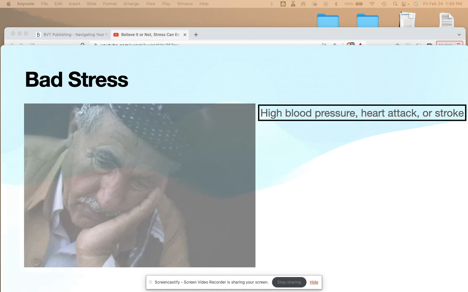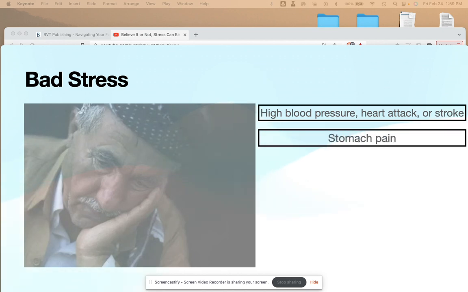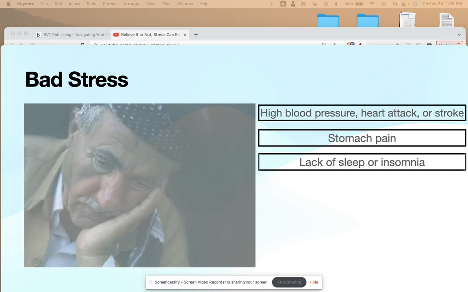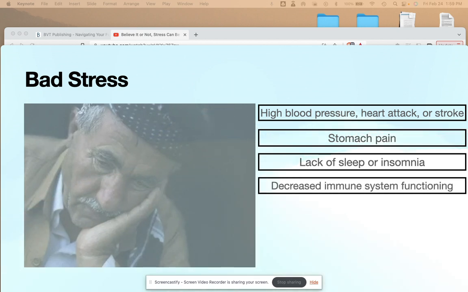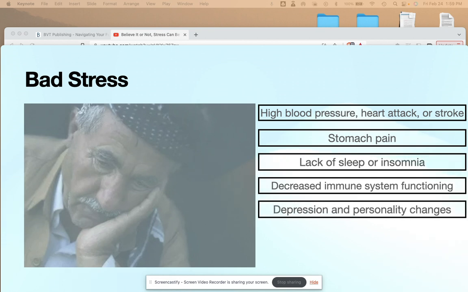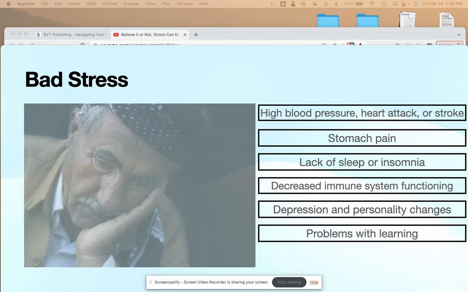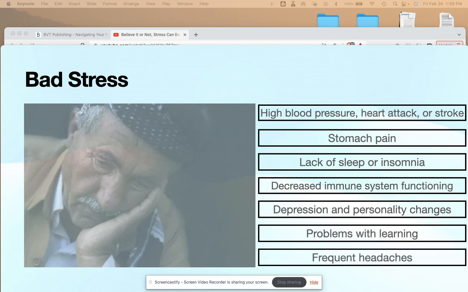High blood pressure, heart attack, or stroke, stomach pain, lack of sleep or insomnia, decreased immune system functioning, depression and personality changes, problems with learning, and frequent headaches.